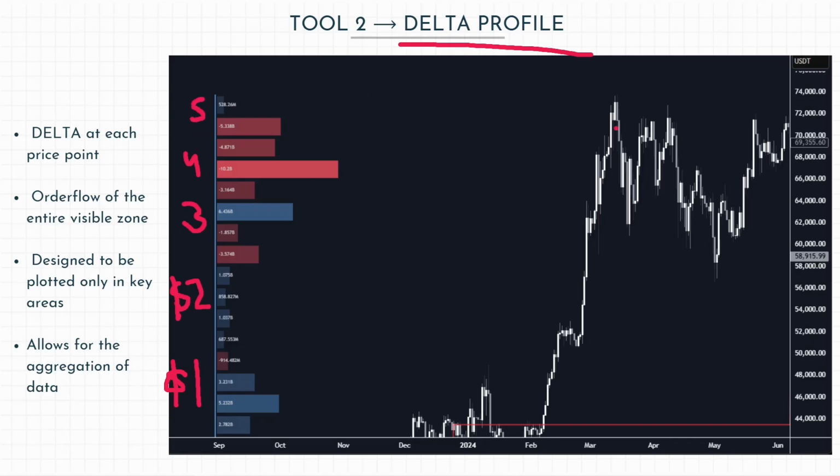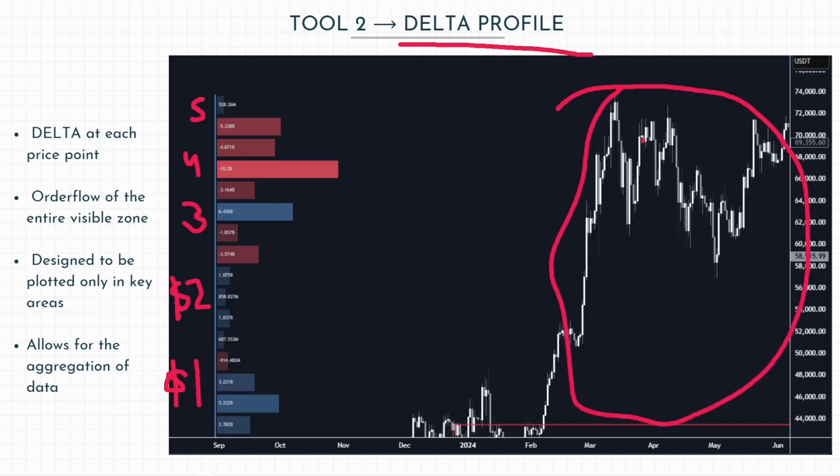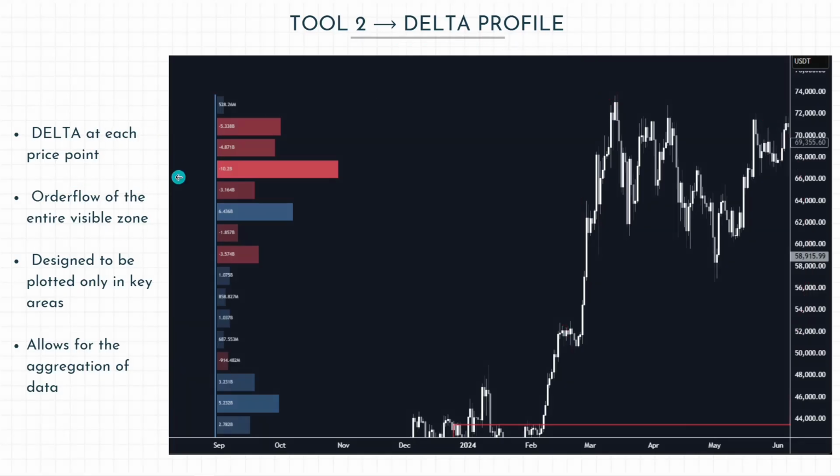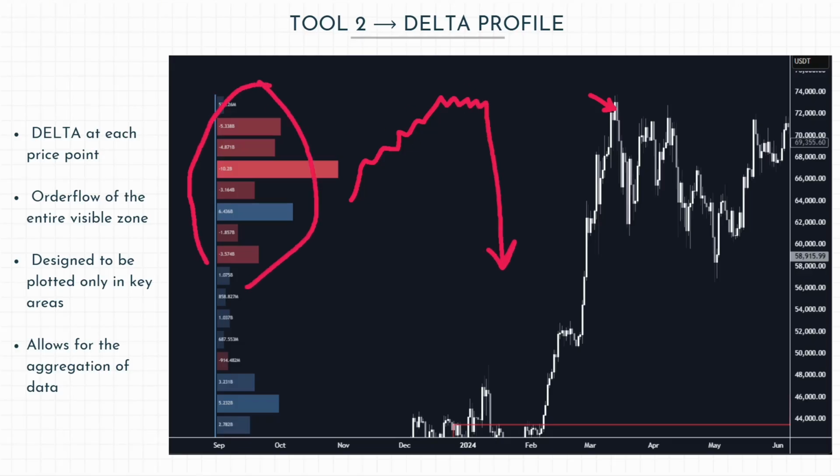What this tells you, for all the data being populated here, is what the delta was at this price point, that price point, etc. So this allows you to analyze the zone rather than exactly one price. I prefer this especially around higher time frame levels because they tend to consolidate a bit before they go, so you can see the building of large positions.